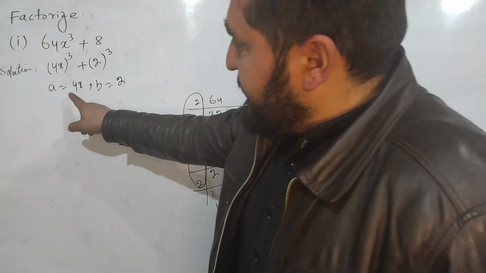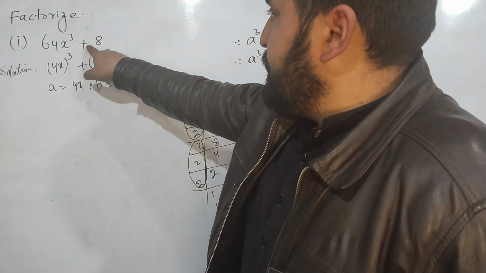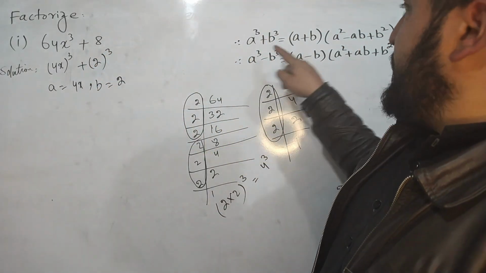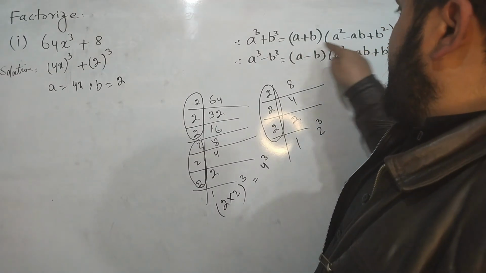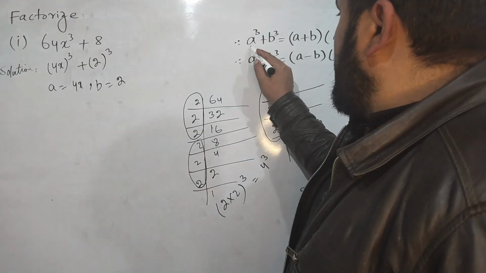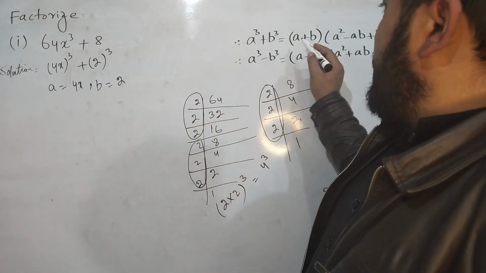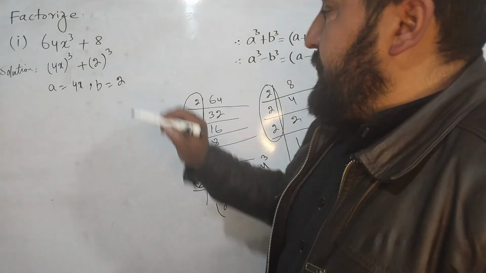We just put this a and b over here because our question belongs to this identity. So we put a as 4x and b as 2.